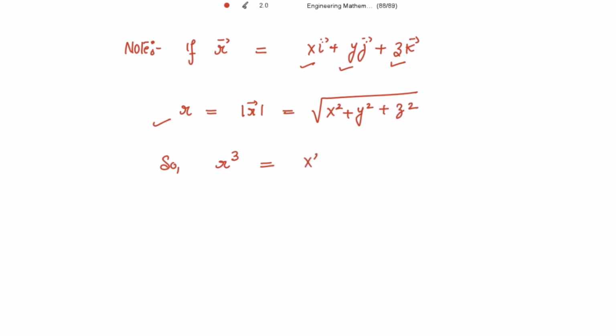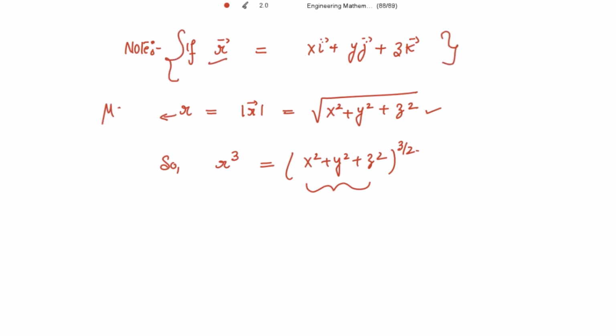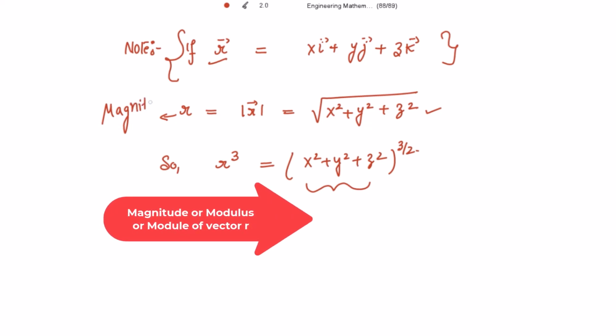This will be x square plus y square plus z square, the power becomes 3 by 2, right? If r is the square root of this sum, then r cube will be the sum of the squares of these variables, the power 3 by 2, right? If r vector is this, so here this r is called the magnitude of r vector, or you can also write this as module, right?